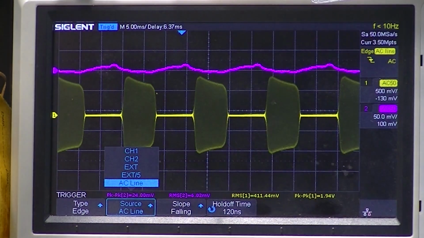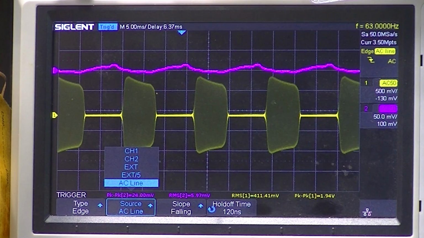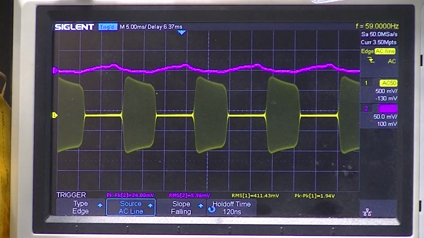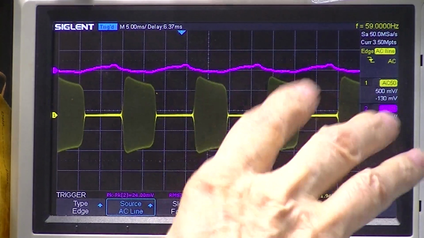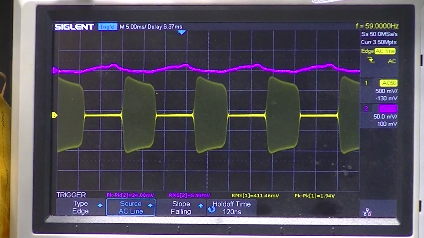Every analog scope I've ever owned has had an AC line trigger source. And this scope, which probably was designed 10 or 8 years ago, sure enough, it has an AC line triggering source. Now that's probably not true if you've got a USB powered scope or a scope that's powered by a DC wall wart.